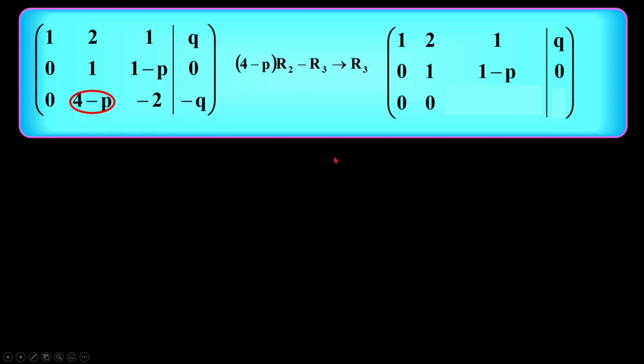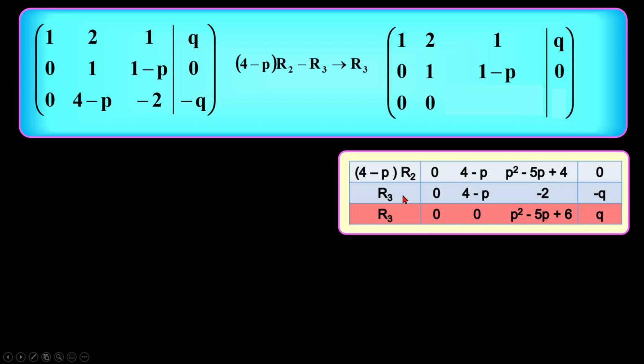For an equation like this, it will be harder, so I suggest you build that box. So 4 minus p multiplied by row 2. Row 2 is 0, so 4 minus p multiplied by 0 gives the first place. Then 4 minus p multiplied by the second, which is 1, gives me 4 minus p. And 1 minus p multiplied by 4 minus p, so I will get a quadratic equation as so.